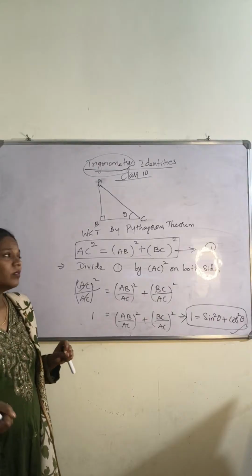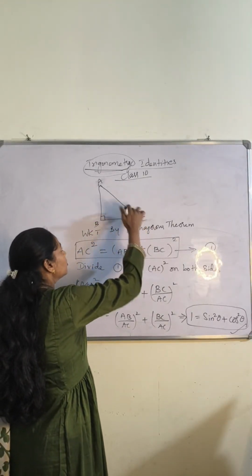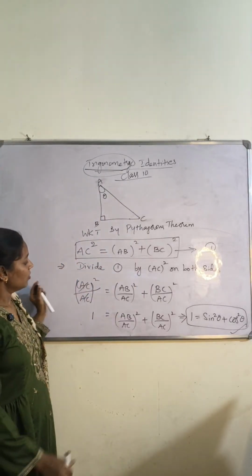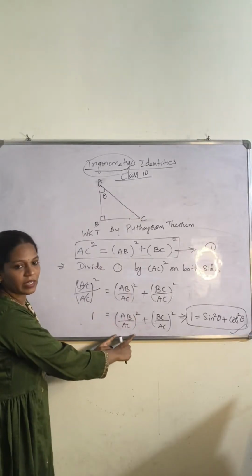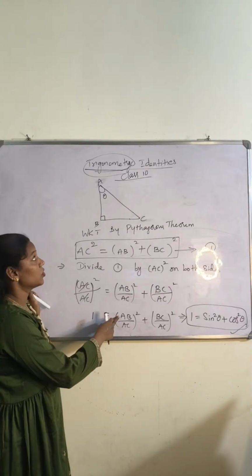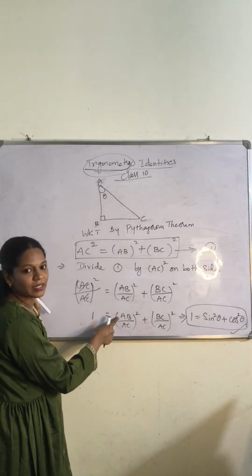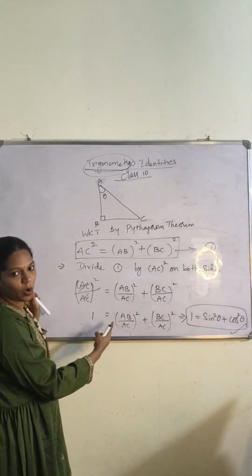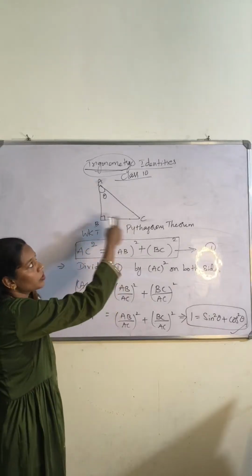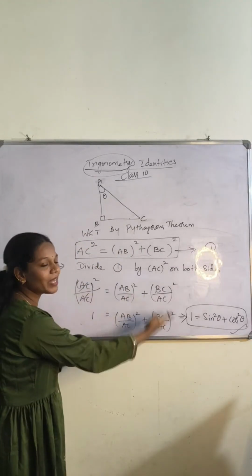Now what if I change the theta? You just need to know, that's it. If I change this theta to here, let me come back to my equation here. What AB becomes, AB becomes adjacent over hypotenuse again, cos square theta, plus AC becomes sin square theta.